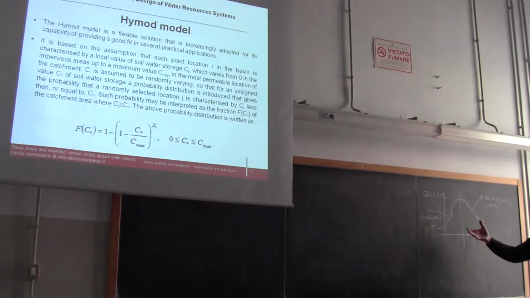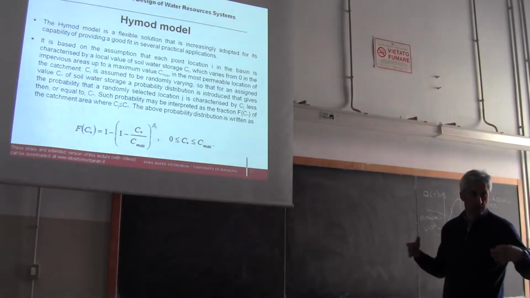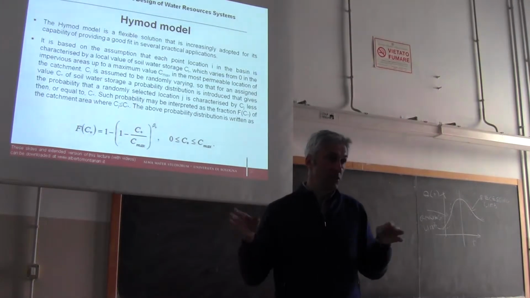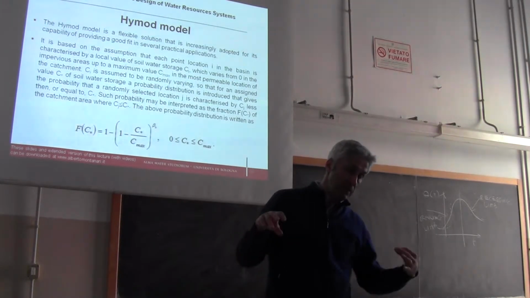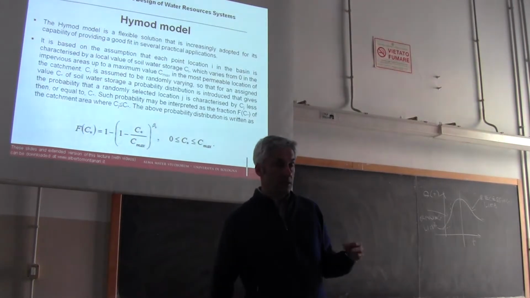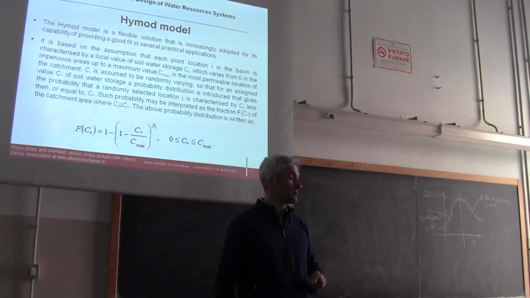The reason why you have sudden changes of the slope of the limbs is that when you activate additional flows, additional discharges, you have a sudden change of the hydrograph behavior.